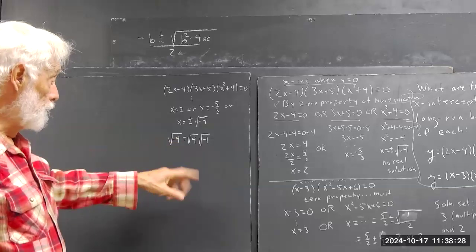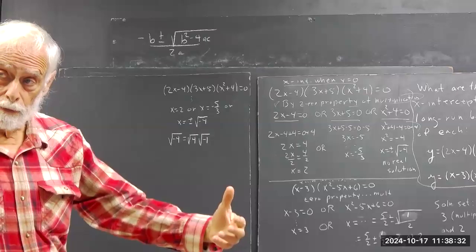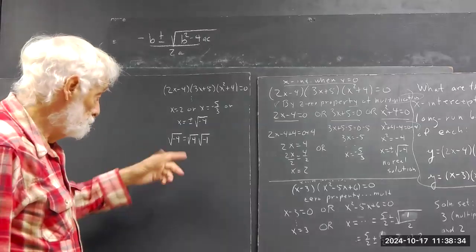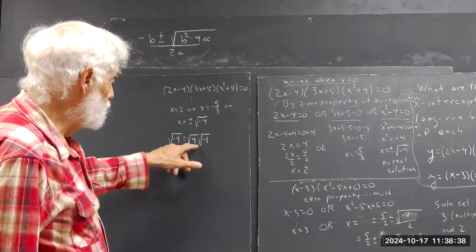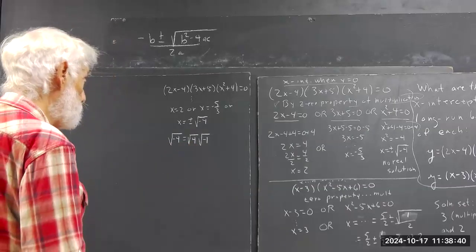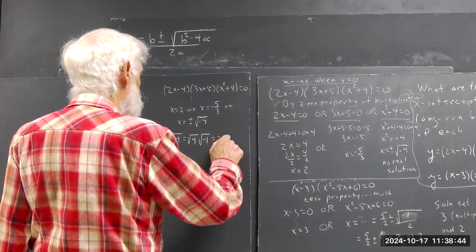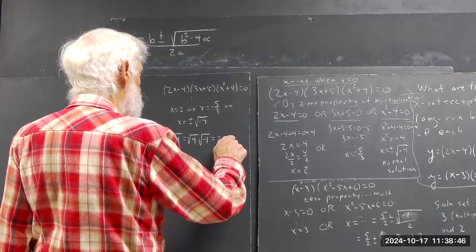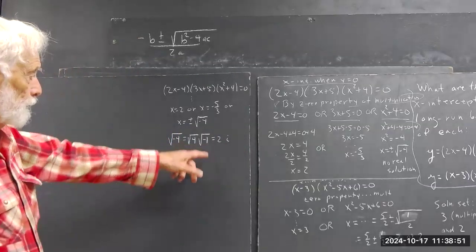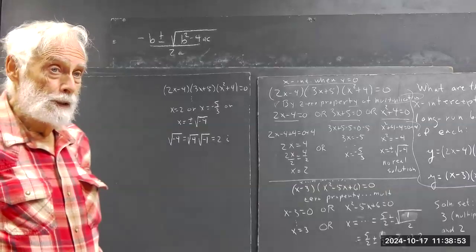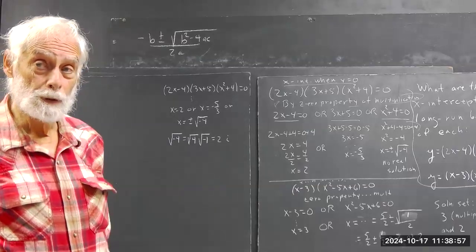And square roots work like this. The square root of a product of two numbers is the product of the square roots. So we can write the square root of -4 as the square root of 4 times the square root of -1. Of course, the square root of 4 is 2, and the square root of -1 is i, for imaginary. It's not a real number, it's an imaginary number. Now, it turns out that imaginary numbers really are real if you go a little deeper into reality.